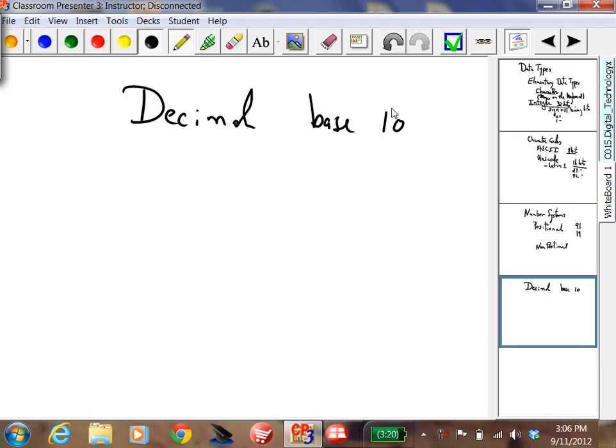So how do I write 27 in decimal? Right, a 2 and then a 7, okay? I can't write a 7 first. You gotta write a 2 and a 7, because 2 is in the tens position, 7 is in the one position.